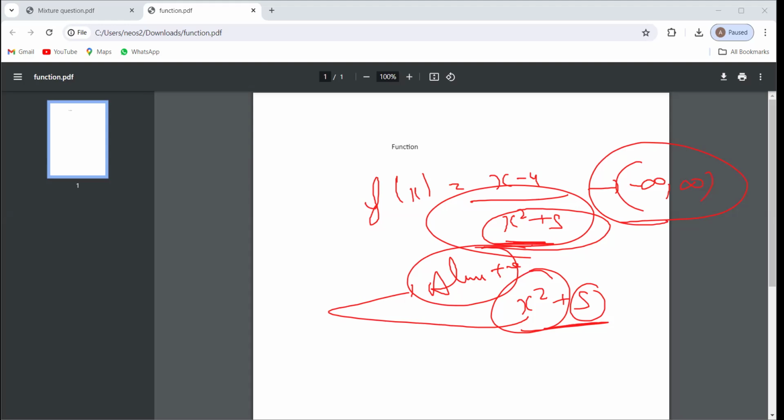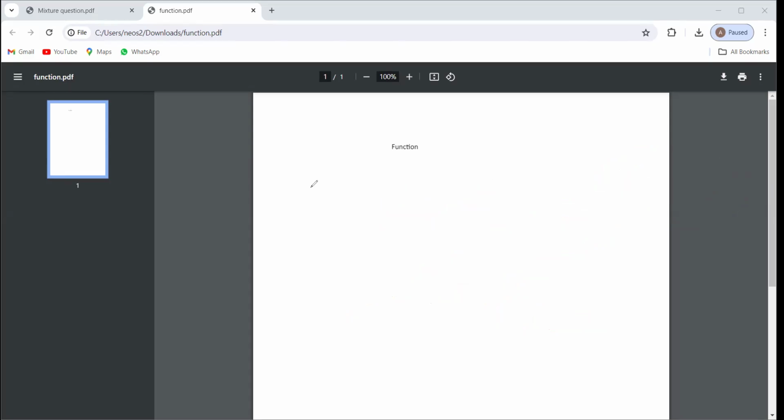Okay, do this one: root of x plus 4. Find the domain. What should be the condition?